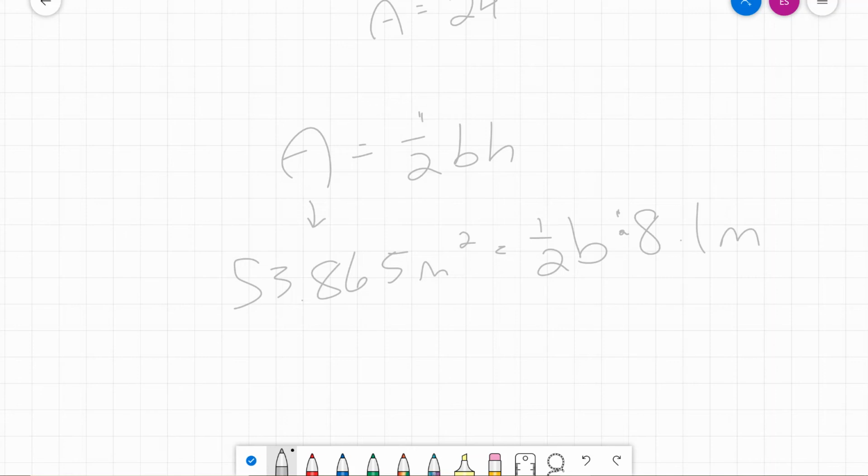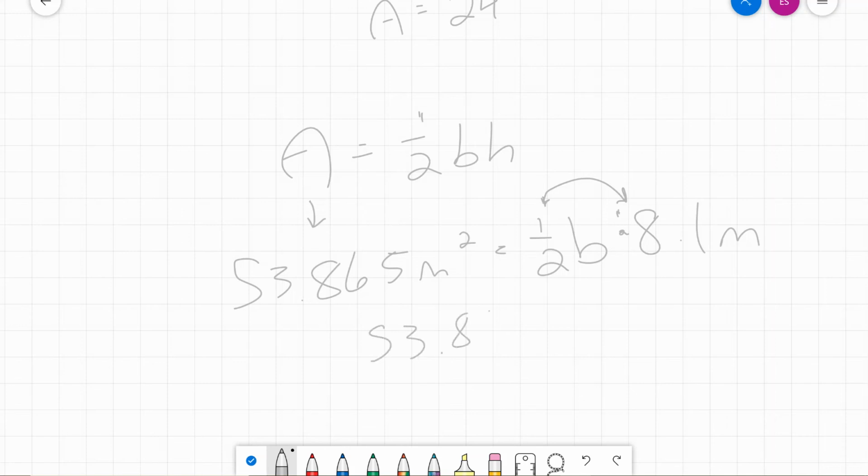So to solve this, what I'm going to do is first combine these two. So I'm going to multiply 8.1 times 0.5 for 1/2. I just prefer to use the decimal, and I get 4.05.